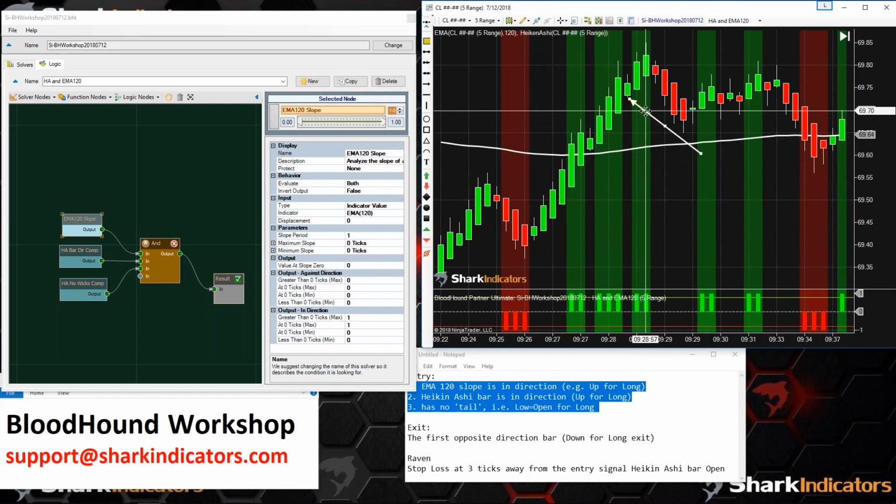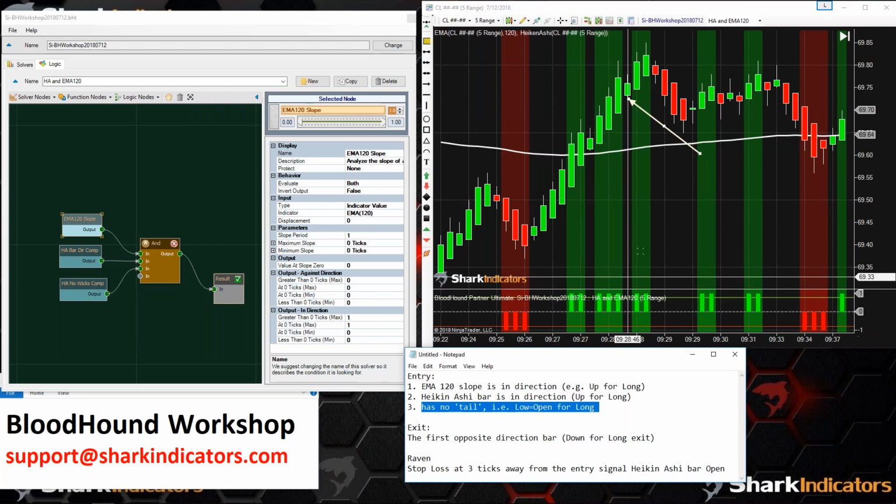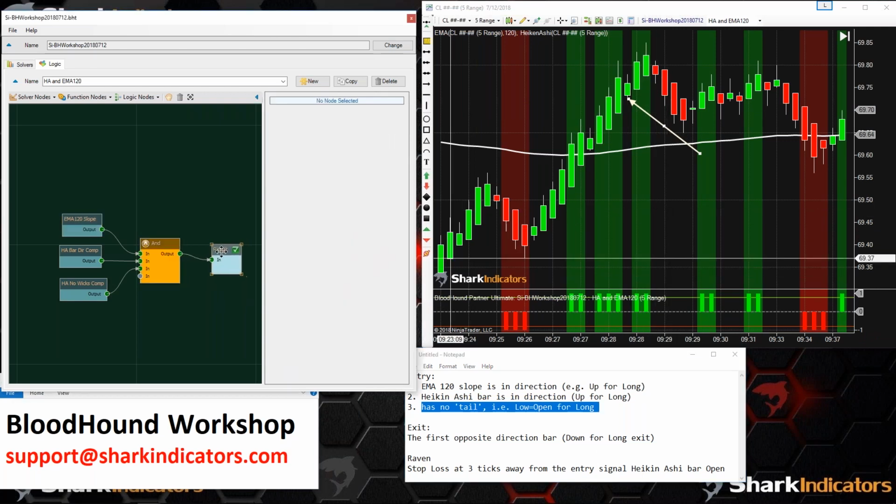And we can see this bar has a very tiny tail. So this bar didn't qualify due to that tiny tail, so that violated rule number 3. Alright, well that was it.